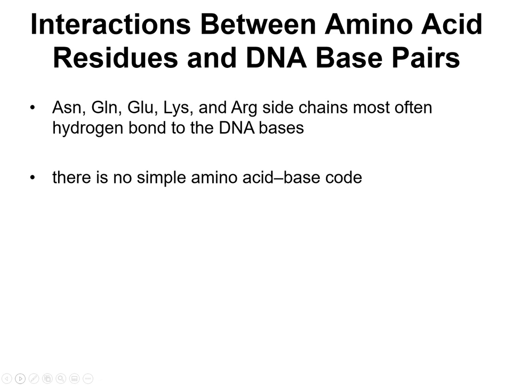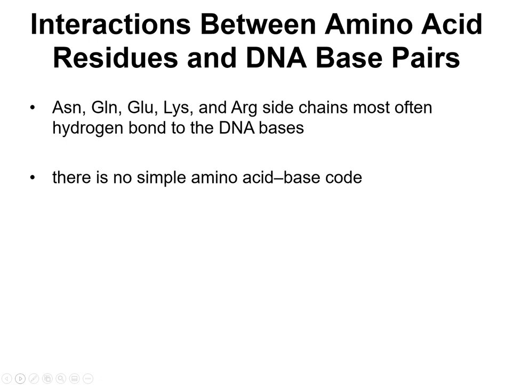Now there are some interactions between certain amino acid residues in DNA base pairs. Asparagine, glutamine, glutamate, lysine, and arginine side chains are most often hydrogen bonded to DNA bases. But there is no simple amino acid base code to say, asparagine always bonds with AT pairs.